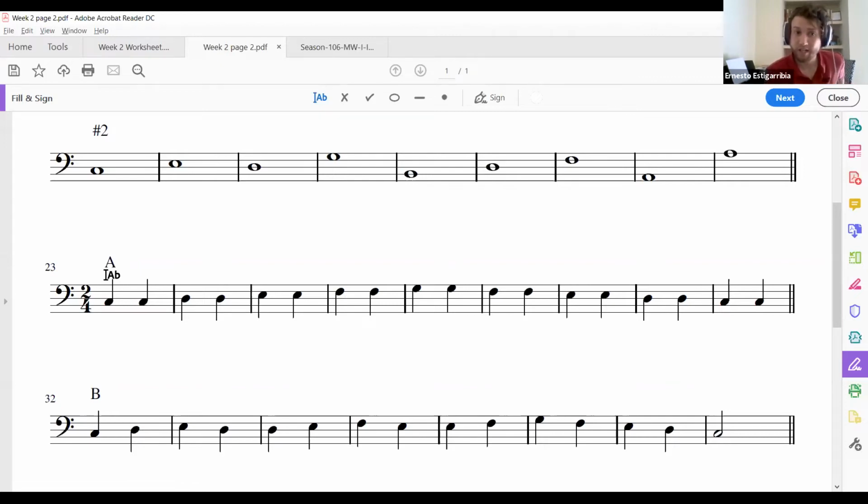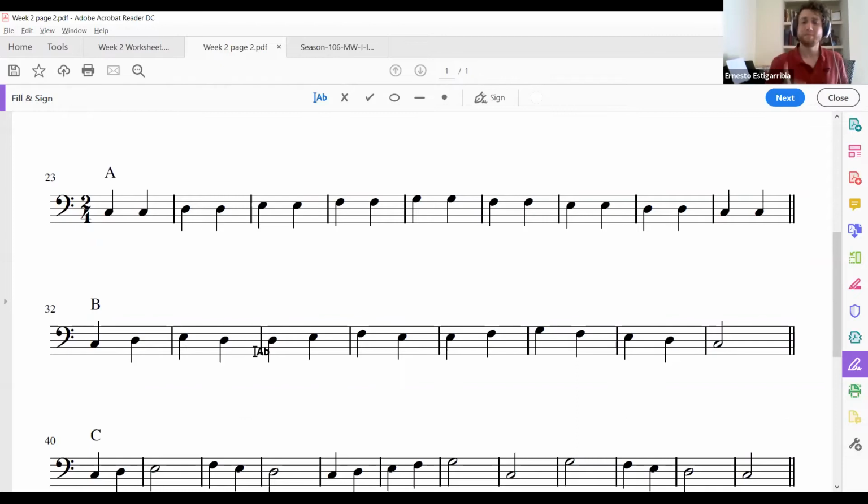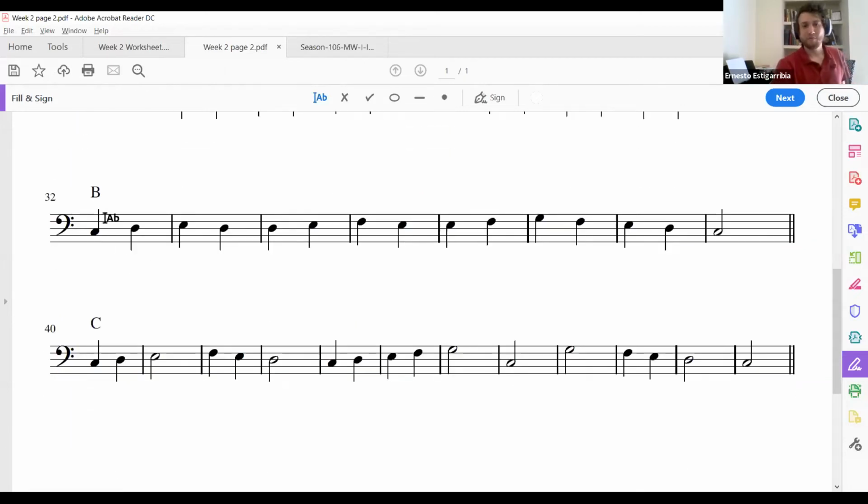It's pretty simple. Let's do it one more time so we know we're on the same page. 1, 2, ready, go. Do, do, re, mi, fa, sol, fa, mi, re, do.